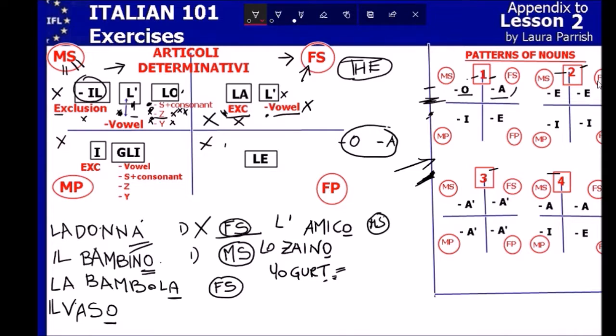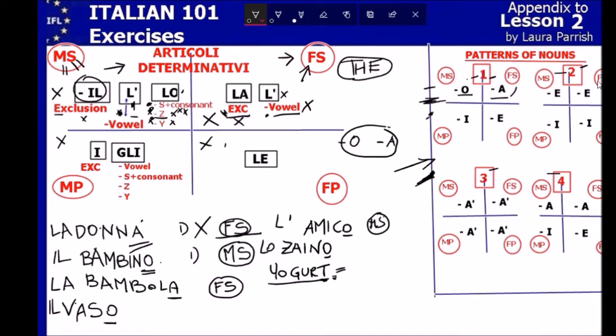Our words that we took from other languages. For example, computer. We use the word computer, but it's from English, it's not Italian. So when you see a word that doesn't end with a vowel but ends with a consonant, it means it's a foreign word. Foreign words are always masculine in Italian, always masculine.